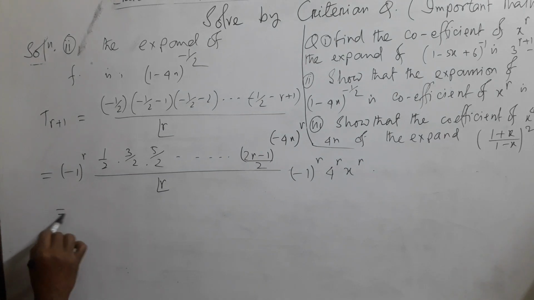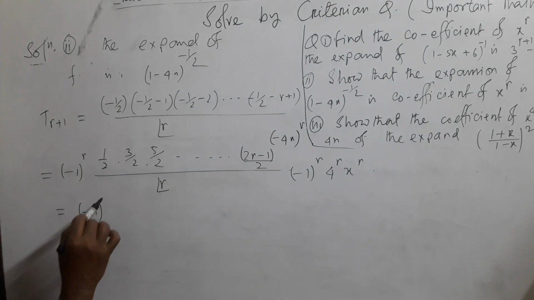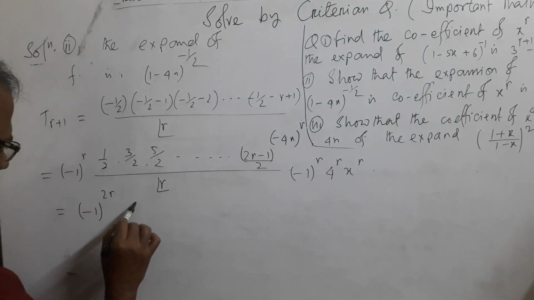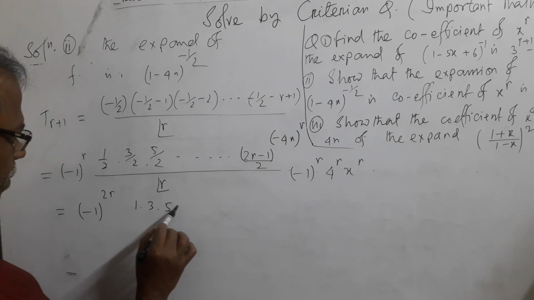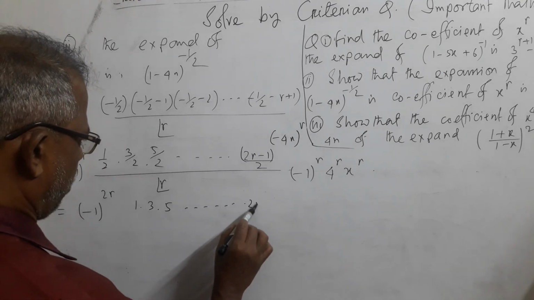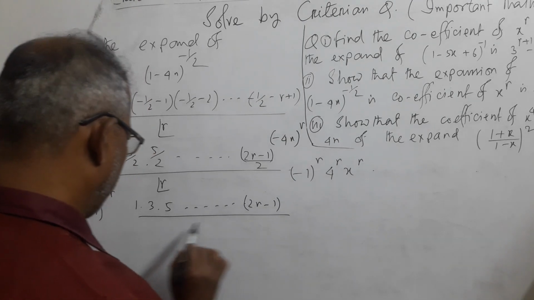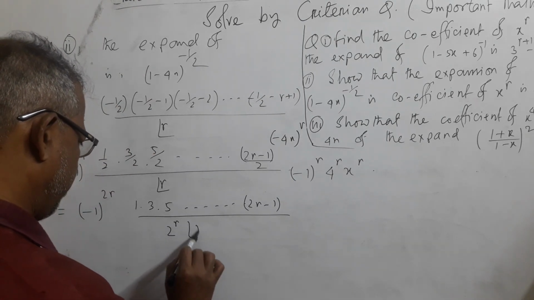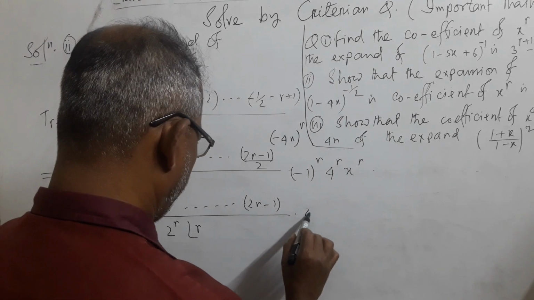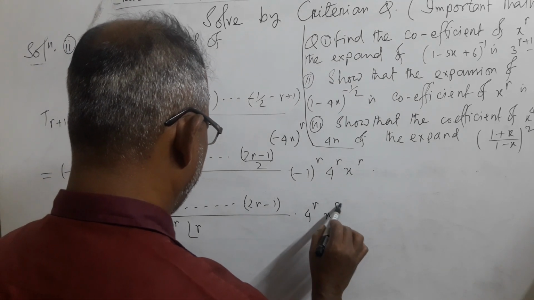So 1 3 5 up to (2r minus 1) divided by 2 to the power r factorial r into 4 to the power r x to the power r.